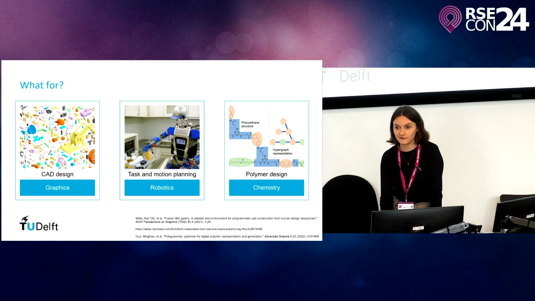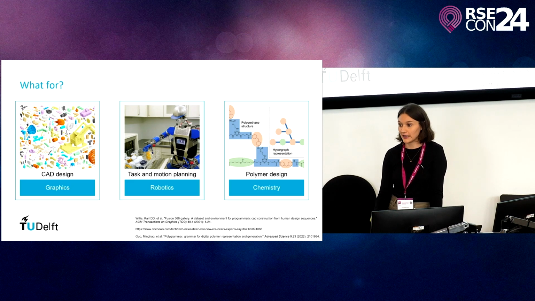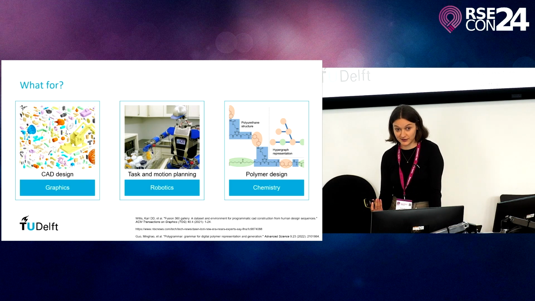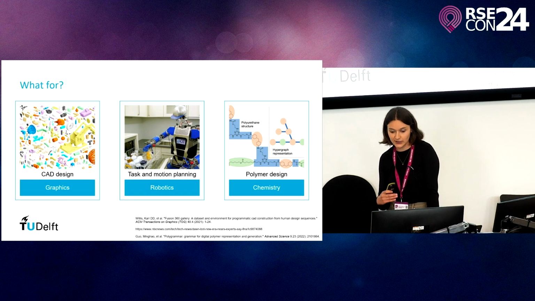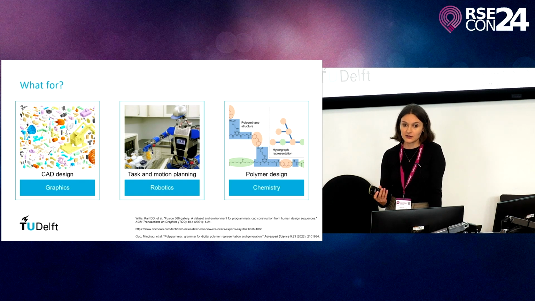Polymers are widely studied materials whose applications and properties depend on the molecular structure. If you have a symbolic graph representation of a polymer and a set of production rules, you can use program synthesis to explore and discover new polymers.